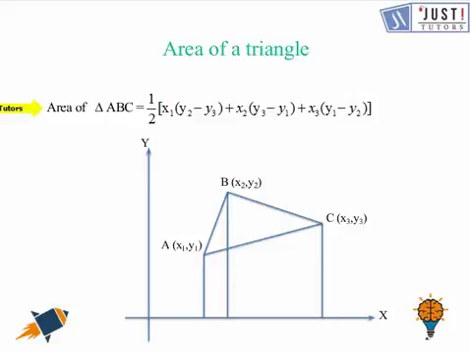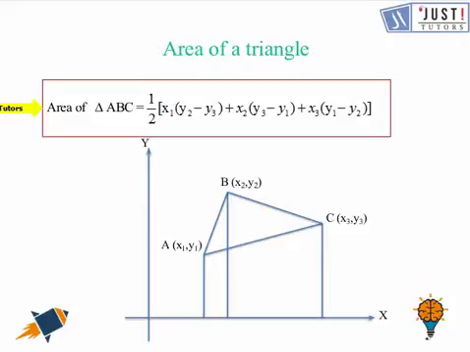This is a generalized formula for the area of a triangle inscribed in a geometric plane as shown here. A, B, C are the 3 points which are not collinear. They are forming a triangle.